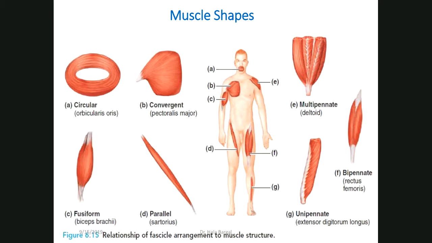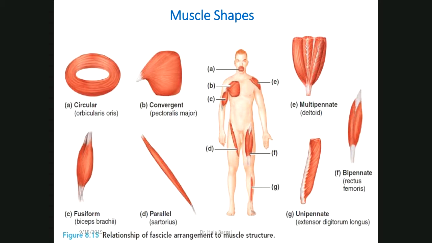These are the different shapes of the muscle, right? Circular, like the orbicularis oculi and the orbicularis oris. Convergent, like the pectoralis major. Fusiform, like the biceps brachii. Parallel, like the sartorius. Multipinnate, like the deltoid muscle. Unipinnate as the extensor digitorum longus. Then bipinnate as the rectus femoris.